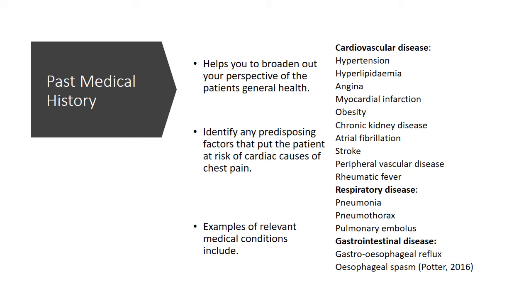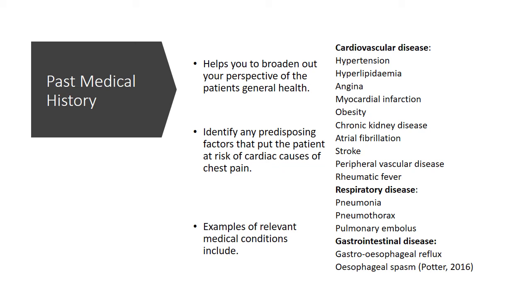So have they previously had pneumonia? Do they have COPD? So this could be an infective exacerbation of COPD. Have they had a pneumothorax in the past? For example, with spontaneous pneumothorax in young patients, we know that they're at an increased risk of having a pneumothorax again.